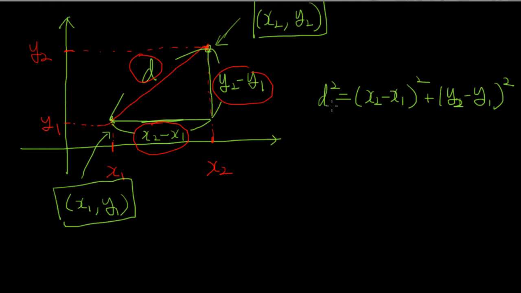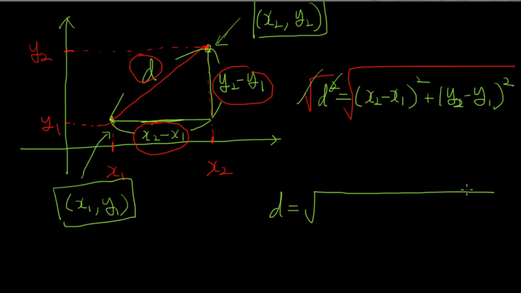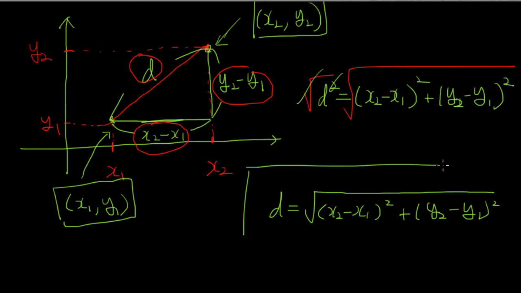Well, we take the square root on both sides. Then this cancels out. Then we came up with d equals the square root of x2 minus x1 squared plus y2 minus y1 squared. And that is what we call the distance formula.